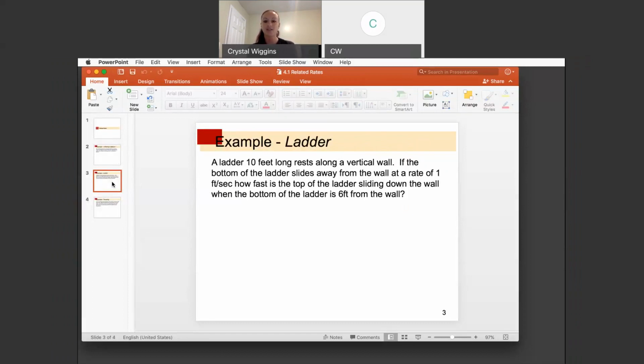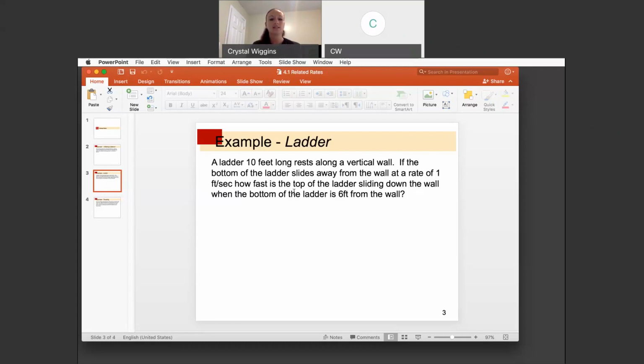If the bottom of the ladder slides away from the wall at a rate of 1 foot per second, how fast is the top of the ladder sliding down the wall when the bottom of the ladder is 6 feet from the wall? When you read this problem initially, it sounds as though the top of the ladder should be sliding at the same rate as the bottom, but it doesn't work out that way.